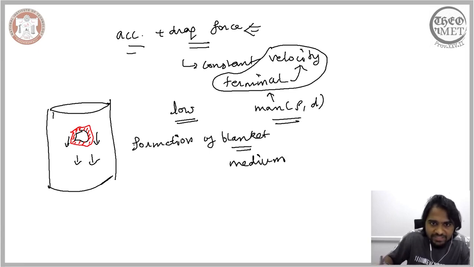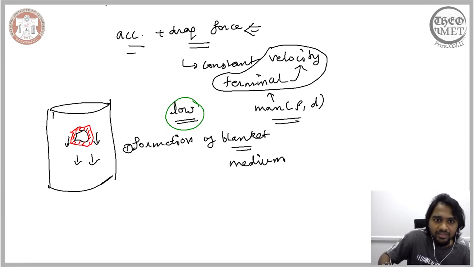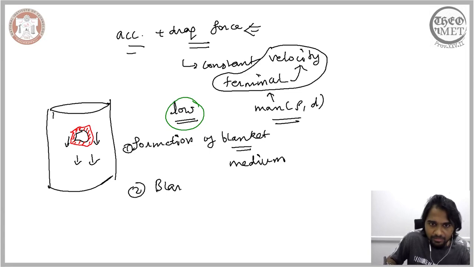So when you feed in a particle that will progress at a very low speed, the first event is the formation of the blanket. Now this blanket remains undisturbed all through the journey of this particle. So this blanket is sustained all through the journey of the particle.